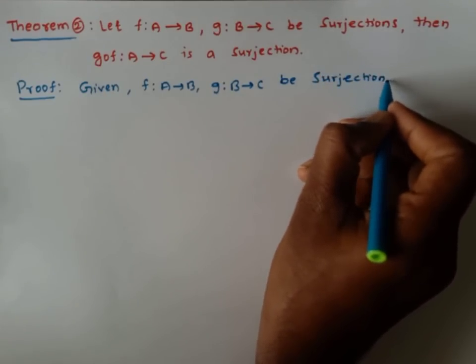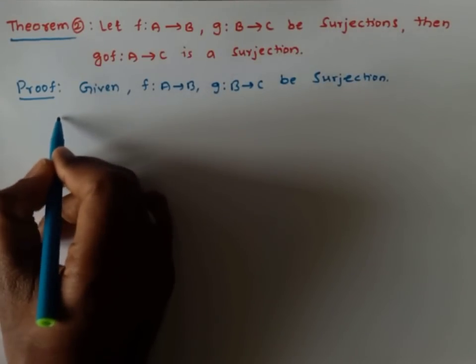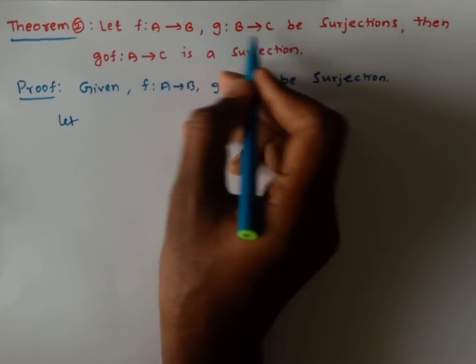So you know the mathematical definition of surjection, right? Let us say here G is a surjection.